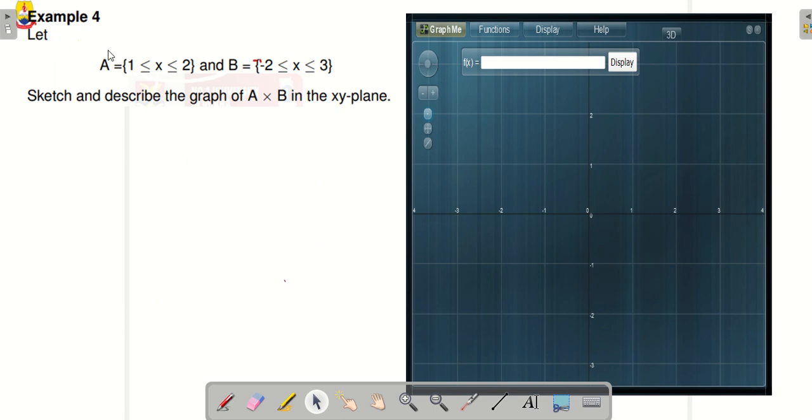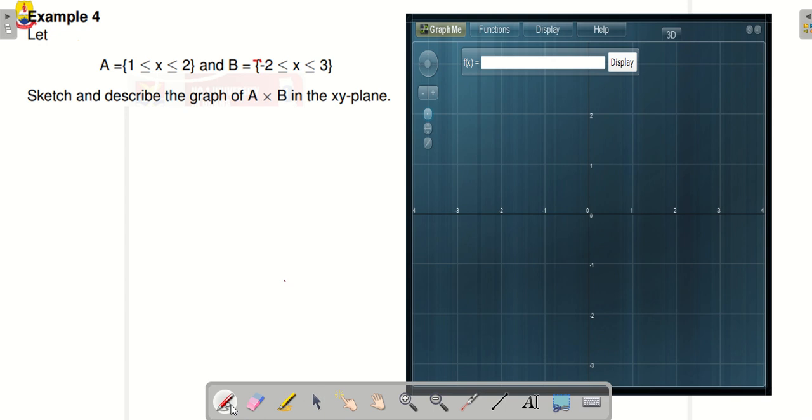Now let's move to example 4. Example 4 says we should sketch and describe the graph of A cross B, that is the Cartesian product of A and B, in the xy plane.